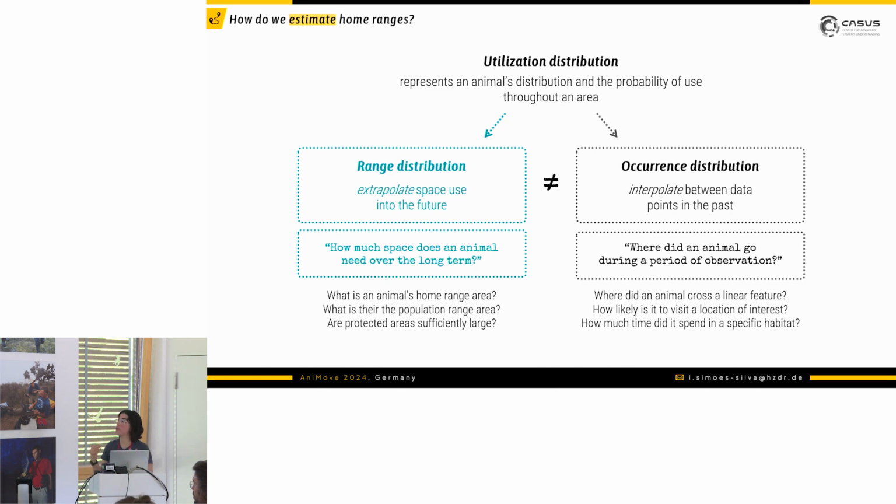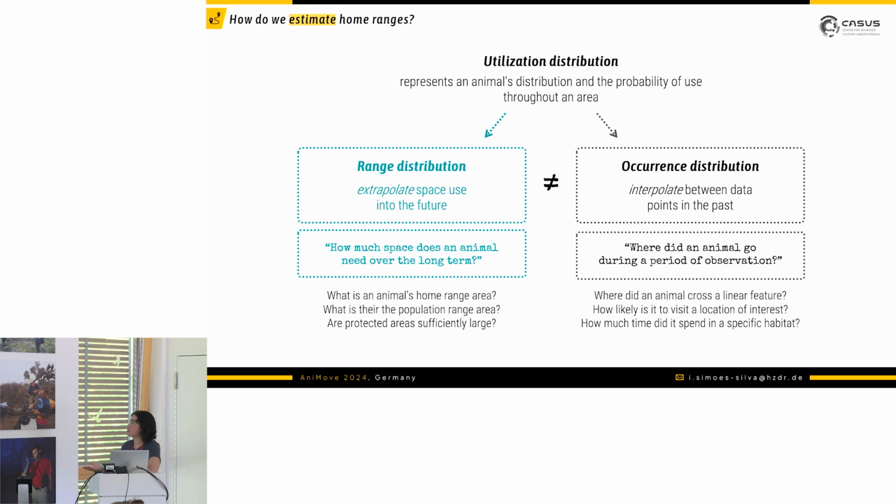So depending on the questions you're trying to answer, and if you're interested in different things, maybe it's better for you to look at range distribution methods, or maybe it's better to look at occurrence distribution methods. For example, if you're interested in home range area or population range area, or any of the questions I was asking earlier about conservation outputs related to protected areas, that's the range distribution.